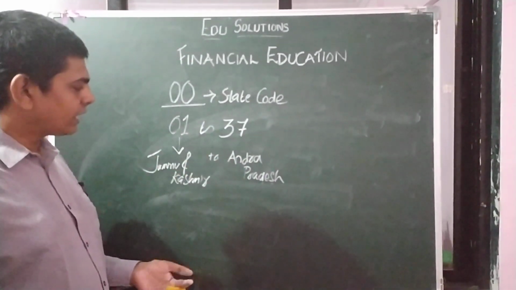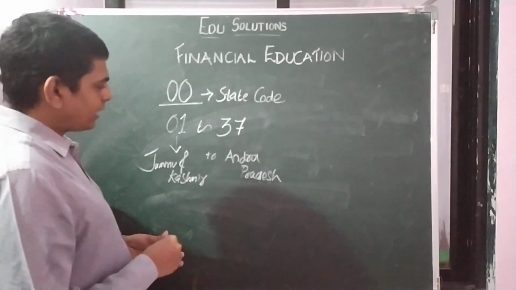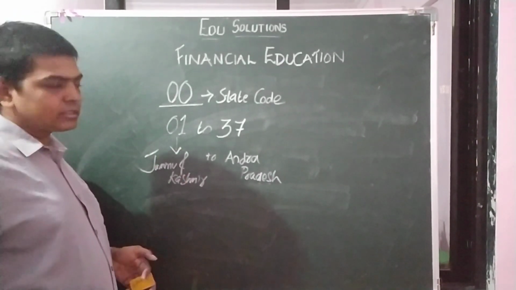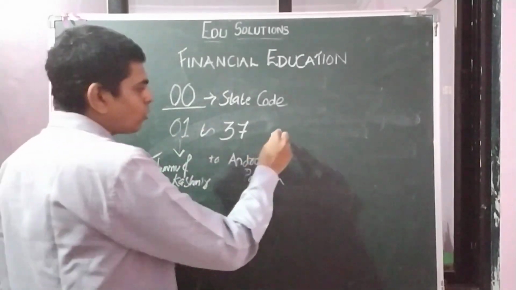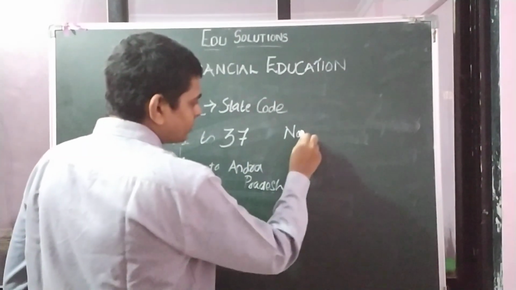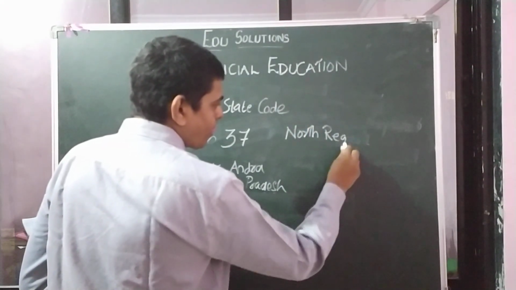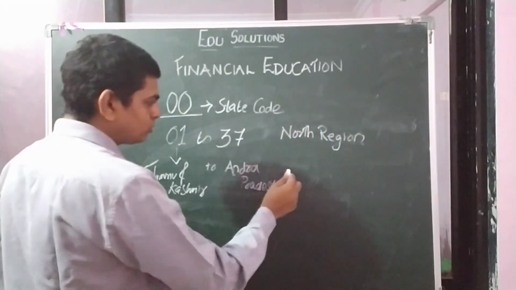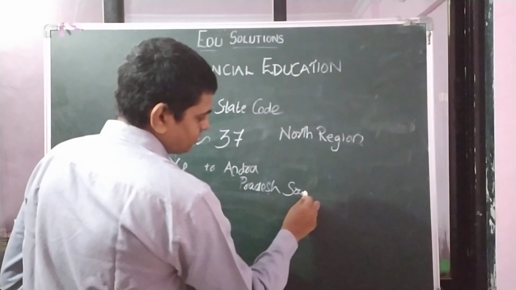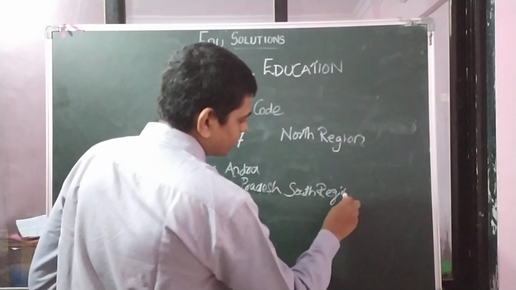There is one more specialty in these codes. The numbers vary from 01 to 37 in an order from the north region, Jammu lies in the north, to the south region.